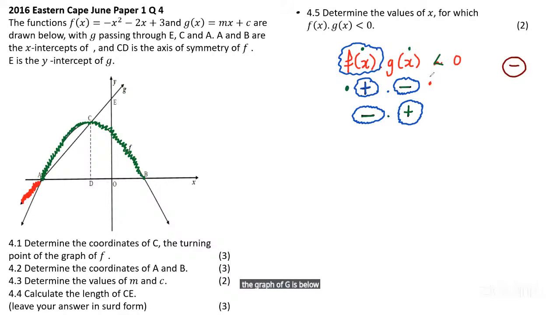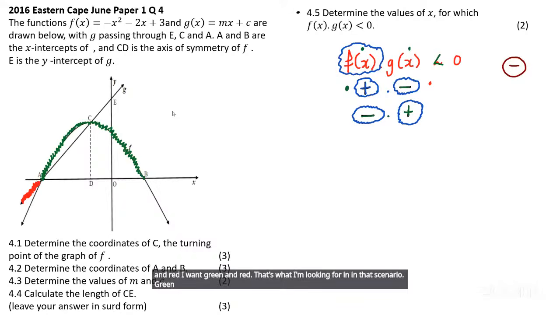F above, g below. I want green and red. That's what I'm looking for in that scenario.